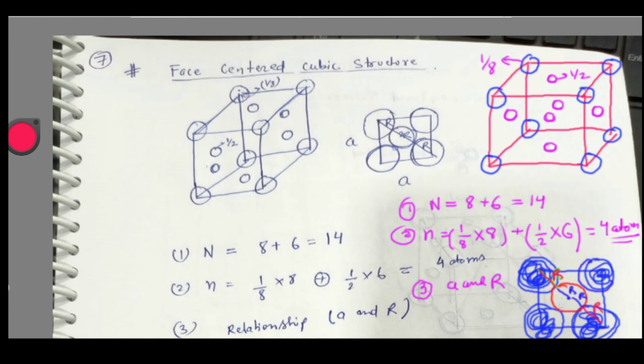It is on the plane surface, so what will be the relation between A and R? This is the diagonal of a square, so it is root 2 a, and the total length is 4r. So this is the relation between A and R for face centered.